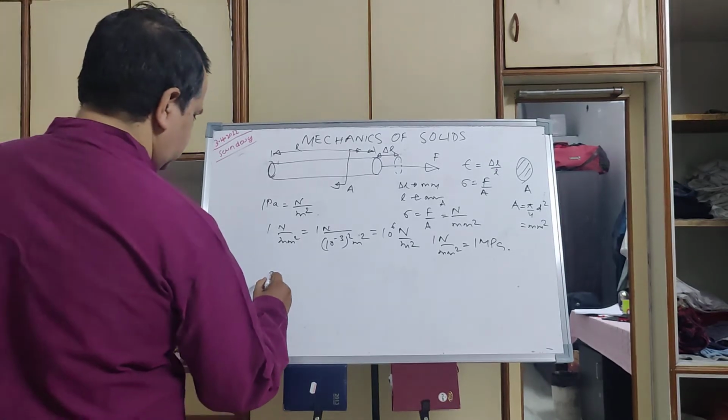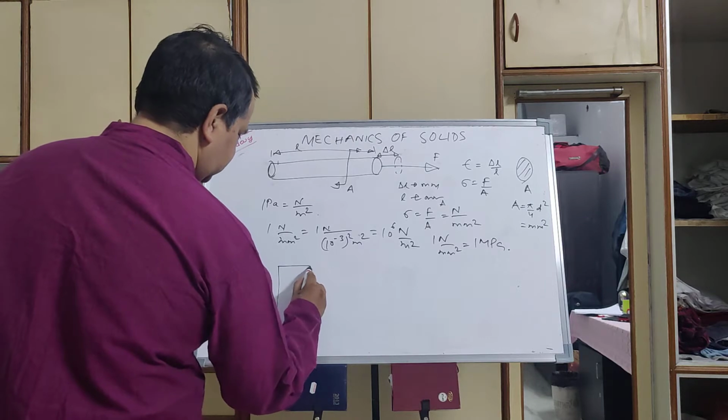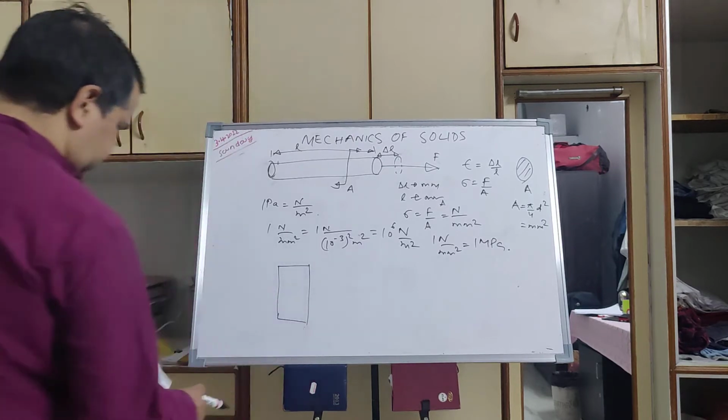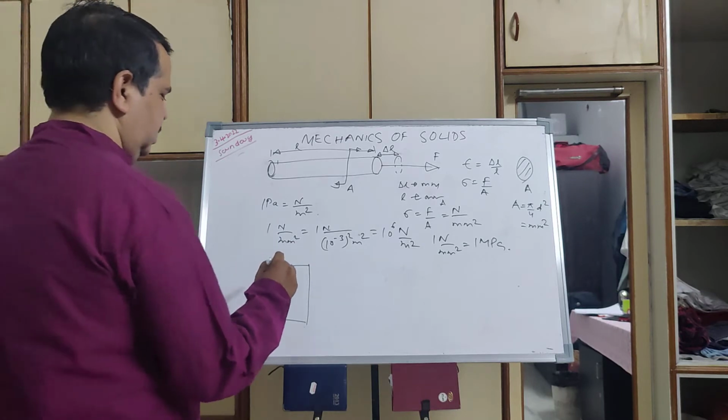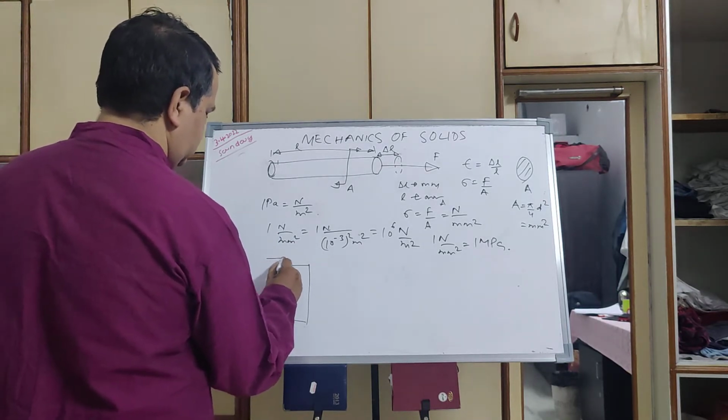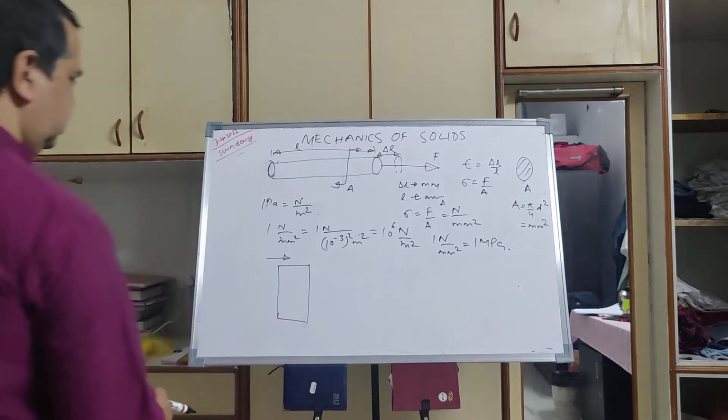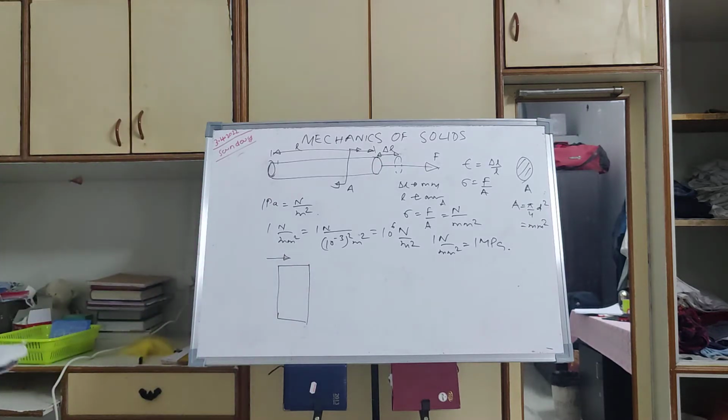So this is about longitudinal stress. Similarly, we have studied the shear one. Let me say this is a cylinder of length L. When the load acts parallel to the surface, that is shear.